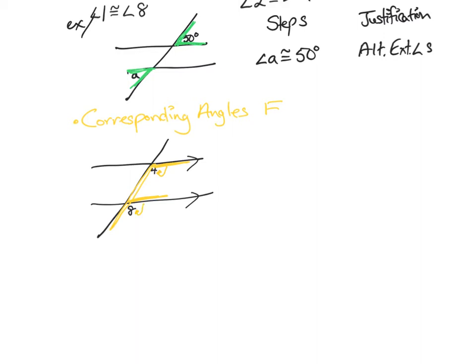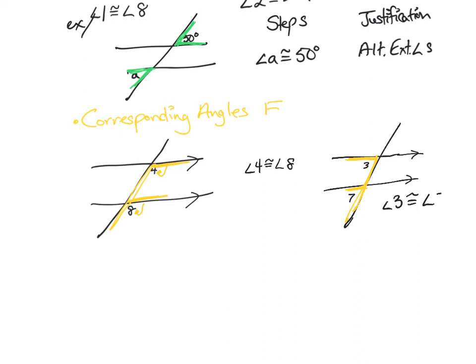So what does this mean? It means that angle 4 is congruent to angle 8. But there are many different types of F's that we can think about. We can also think of the instance of a backwards F. So a backwards F would be here, which would then mean that angles 3 and 7 should also be congruent. But that's not all.